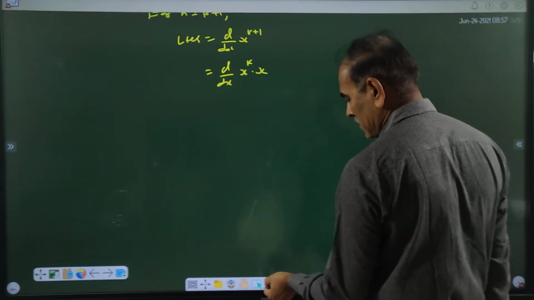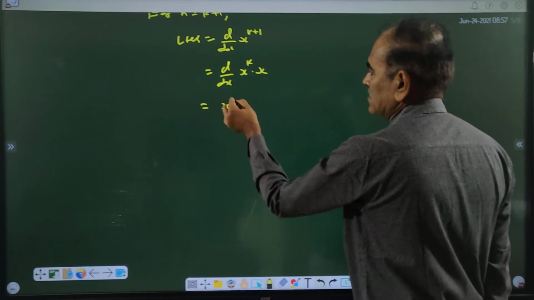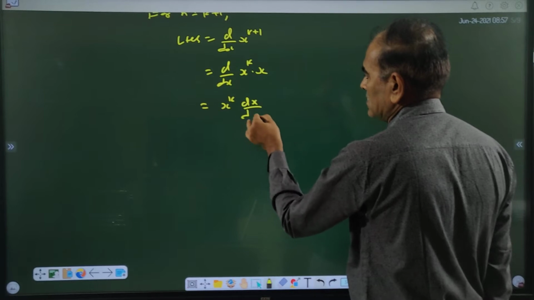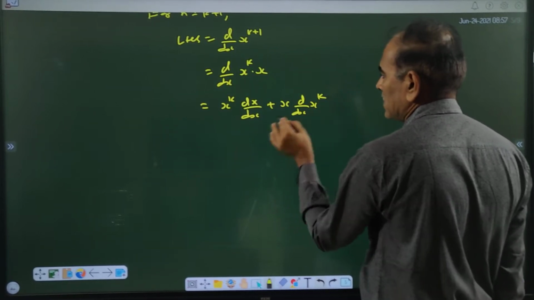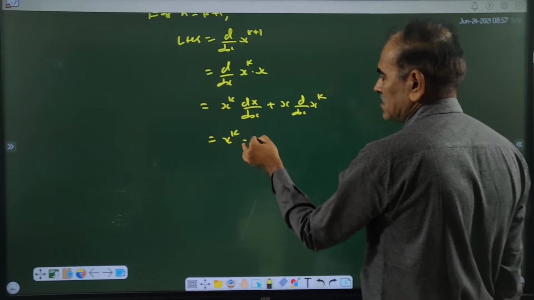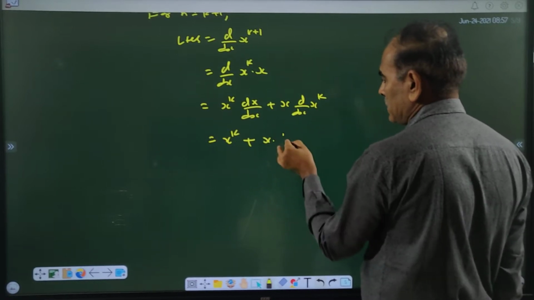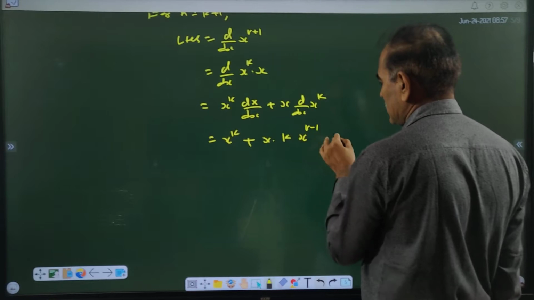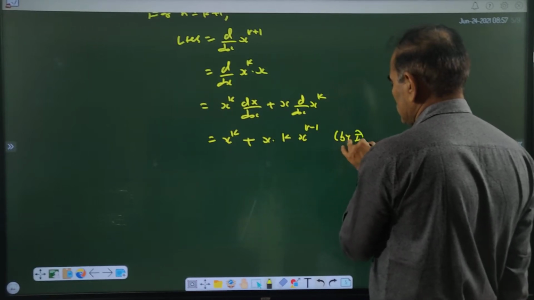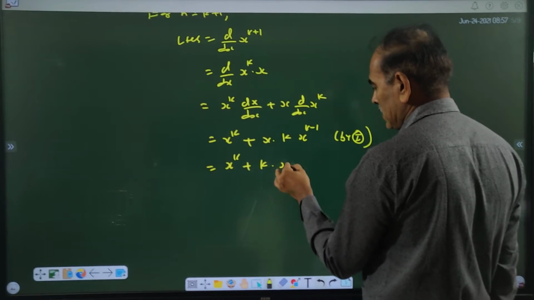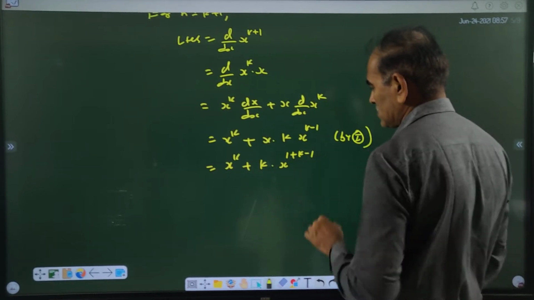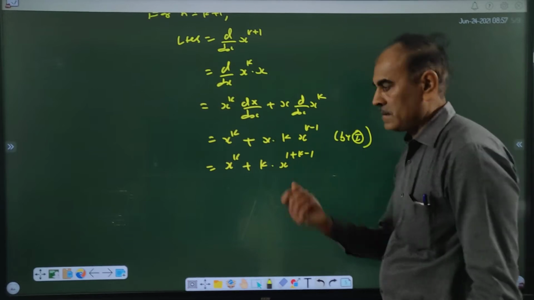Now apply product rule. x raised to k into d by dx of x, plus x into d by dx of x raised to k. That comes out x raised to k into 1, plus x into k into x raised to k minus 1. And this is due to 1. So x raised to k plus k into x raised to 1 plus k minus 1. Base same, indices are added.